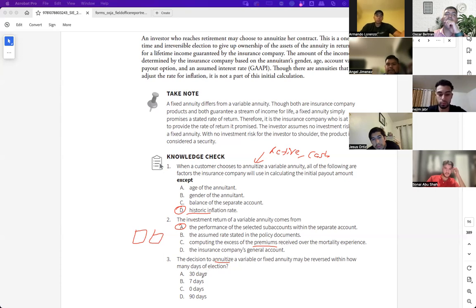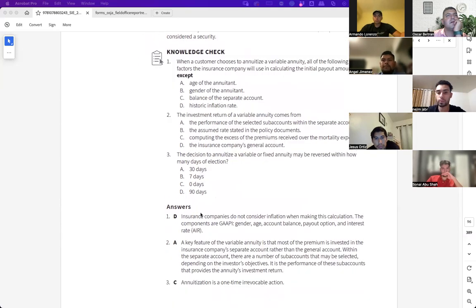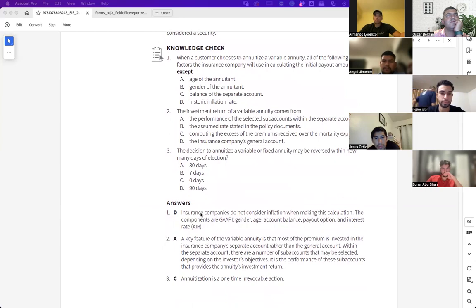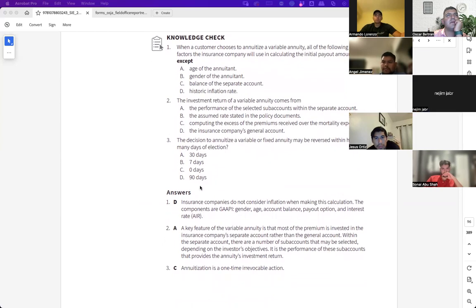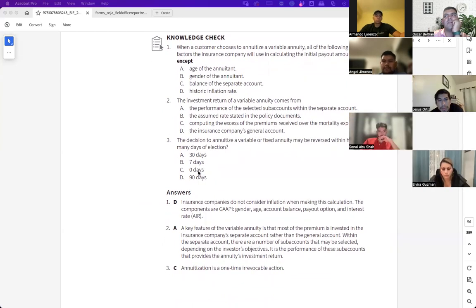I would say it's 0 days because earlier we read that once you annuitize a contract, there's no going back. So I would say 0 days. What do you guys think? Okay, let's clear this out. All right, so 1 is D, 2 is A, and then 3 is C, 0 days.